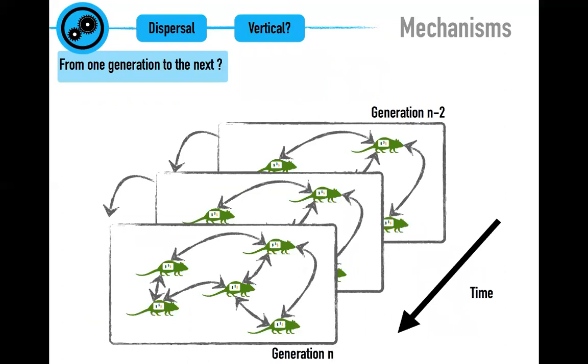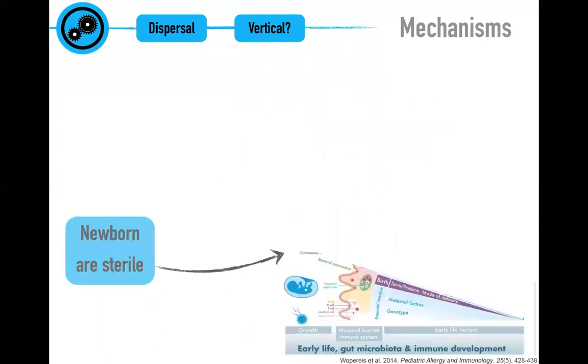The question here is more about how dispersal happens between generations. Here I was talking about individuals within a population, but to really explain the specificity we observe between species, we need to think about how dispersal limitation acts between generations of the same species. To understand that, I need to explain how you transmit the microbiome to the next generation.